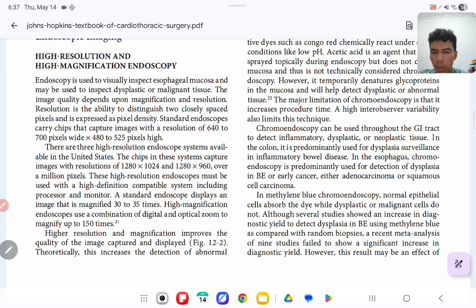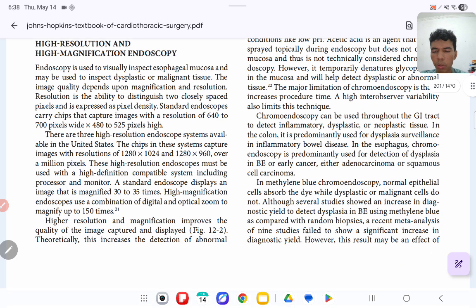A standard endoscope displays an image that is magnified 30 to 35 times. High magnification endoscopes use a combination of digital and optical zoom to magnify up to 150 times.